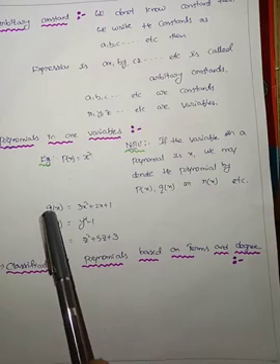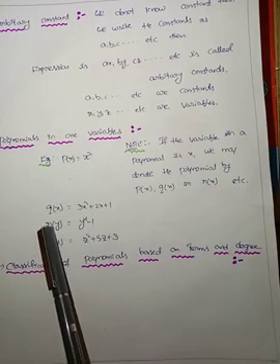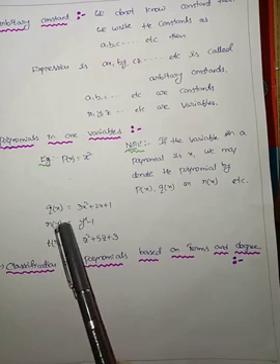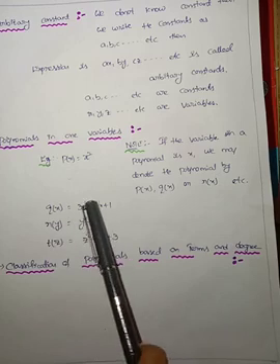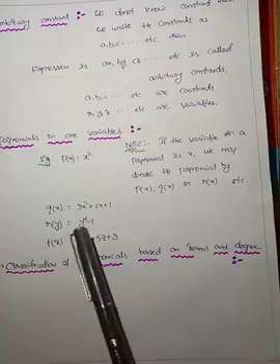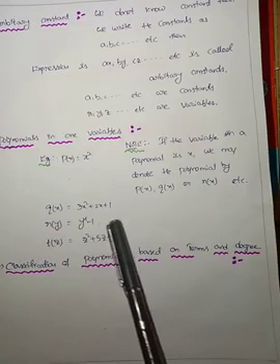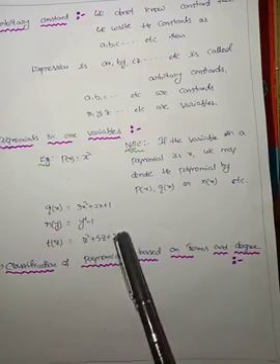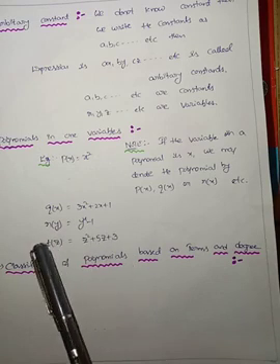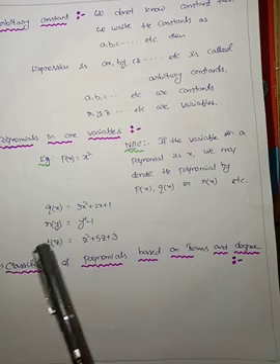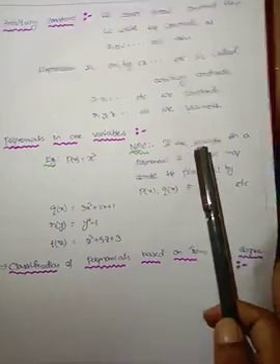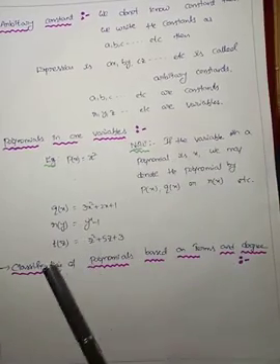You can take p, q, r, z, whichever letter you are interested in. In the brackets you have to take the variable that is in that polynomial. z square plus 5z plus 3. In this polynomial there is only the variable z. So I denote it like this: t of z is equal to z square plus 5z plus 3.